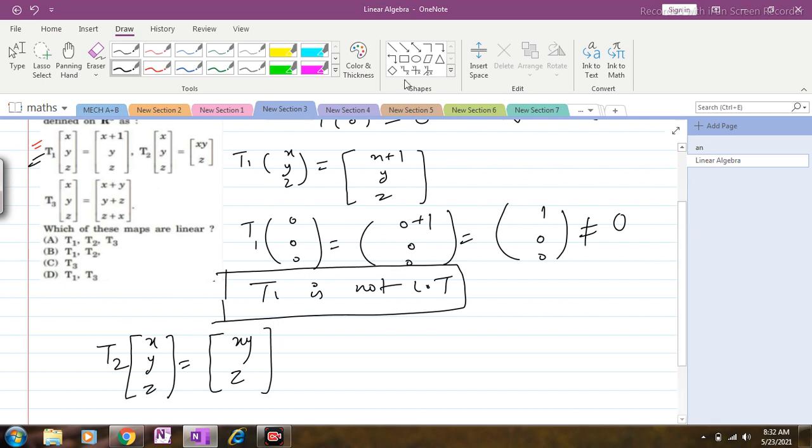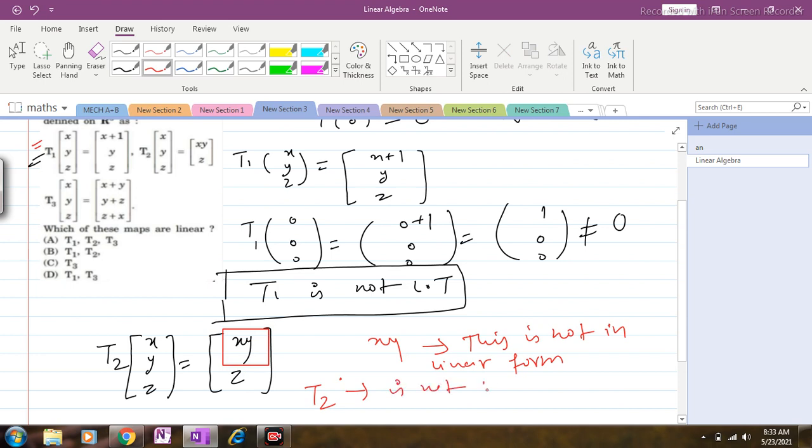So from here, if I see this element, we can conclude that xy is not in linear form. Okay, so this should not be a linear transformation. T2 is not a linear transformation.